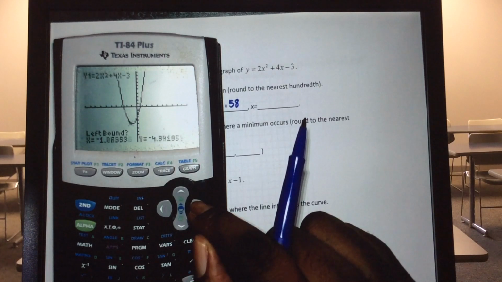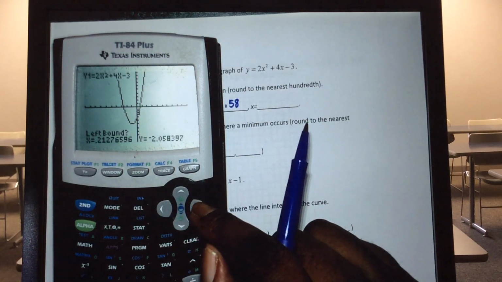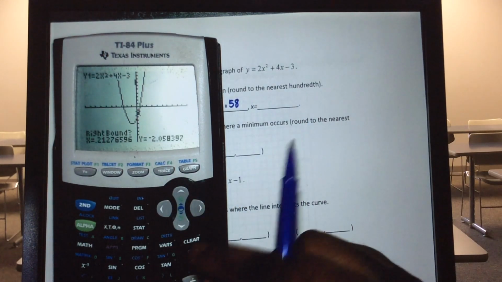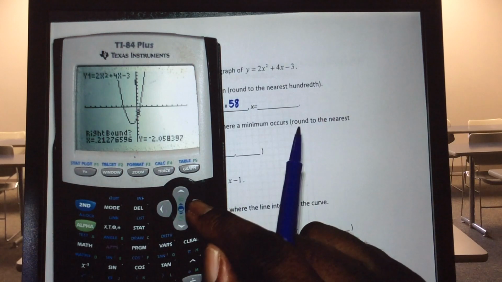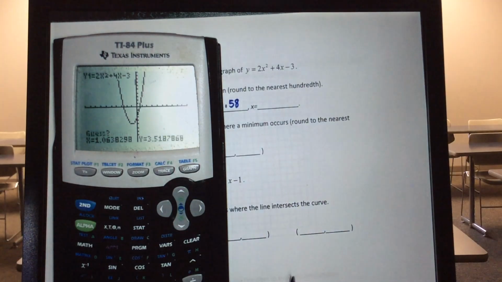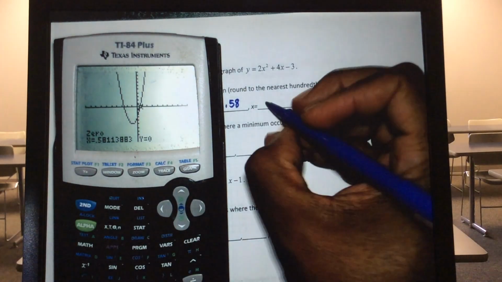I want that cursor below that second x-intercept, and then we're going to press enter. For right bound, I want the cursor above that x-intercept, like this, and then press enter. And then after guess, go ahead and press enter. There's your other x-intercept. To two decimal places, that will be 0.58.